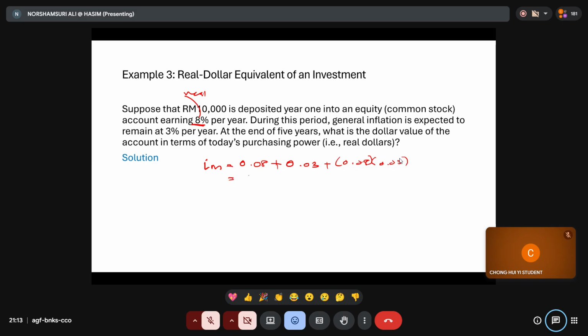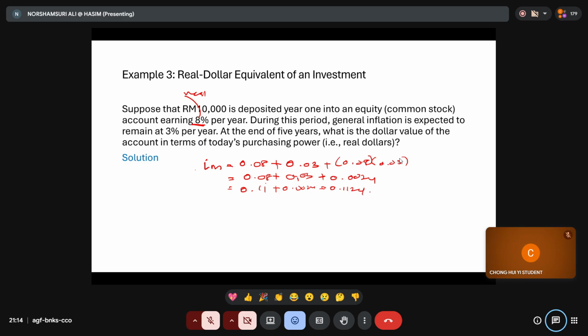So this one, I market becomes 0.08 plus 0.03 plus 0.08 times 0.03, which is 0.0024, and then this becomes 0.11 plus 0.0024, about 0.1124.